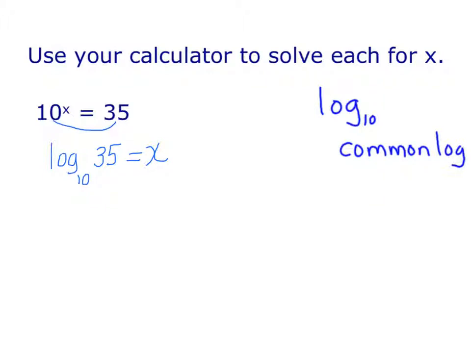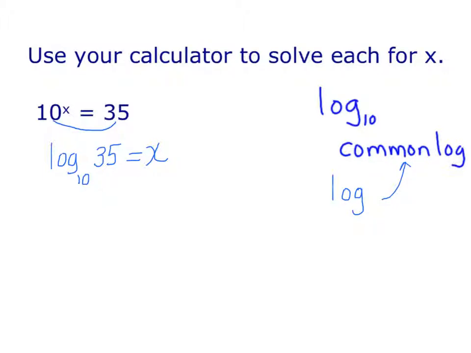In fact, it's so common that if you just see a log without any base written at all, you can assume that it's the common log. And this is the same log that is the log key on your calculator. It's built into a calculator to do log base 10 and then log base e, which is called ln, the natural log. And we'll talk about this one a little later.